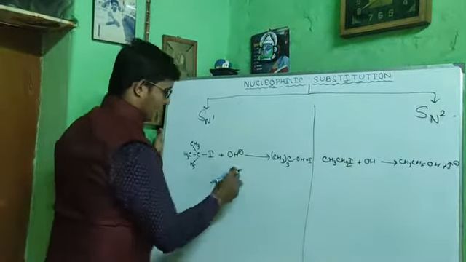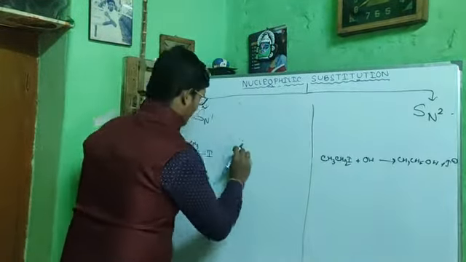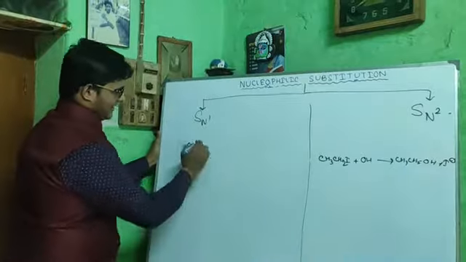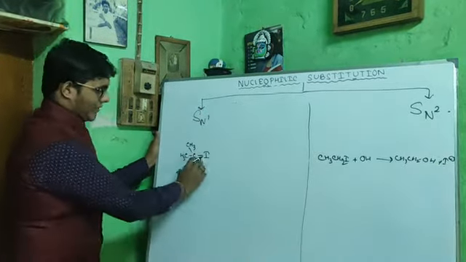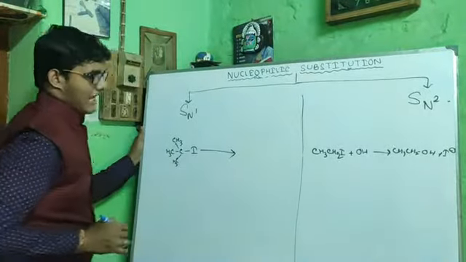So if we go for the mechanism of the reaction, we find out that at first in the SN1 reaction, this compound is converted into a carbocation.